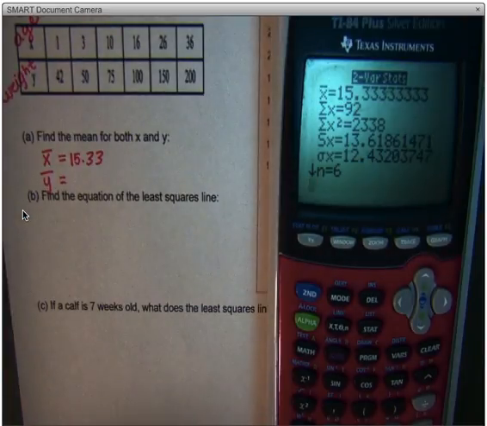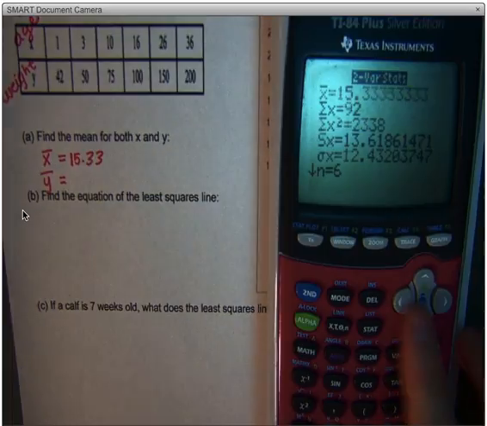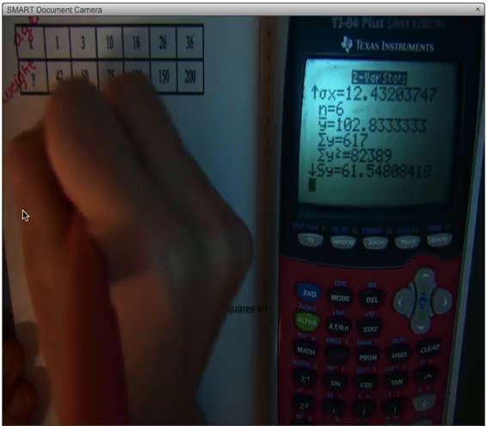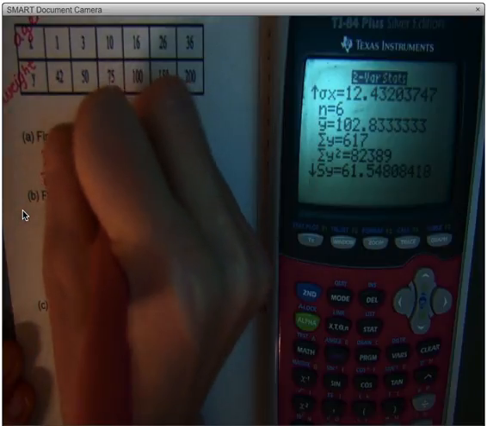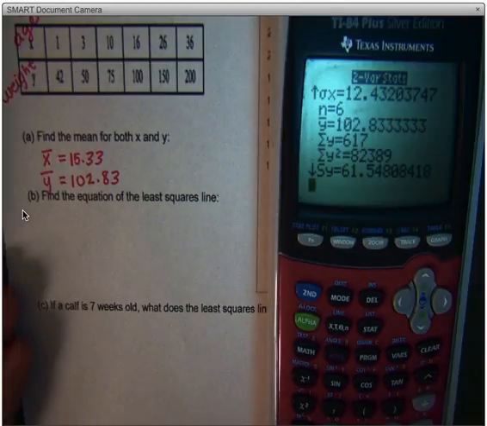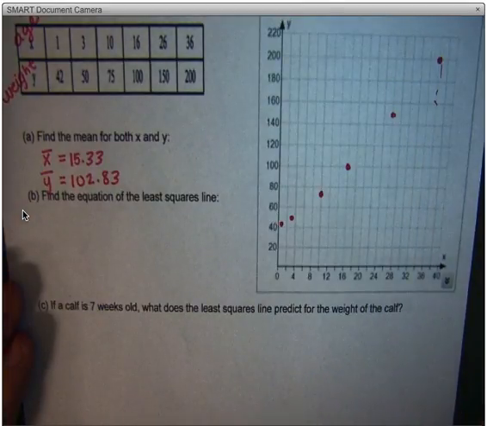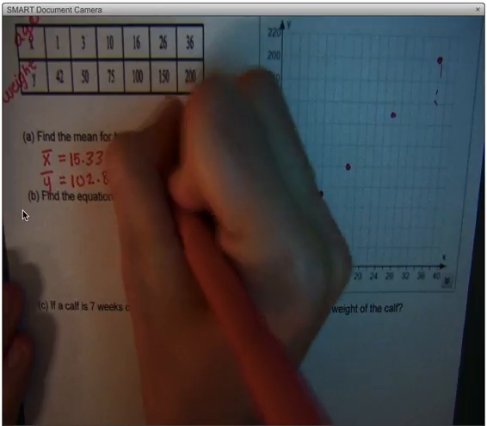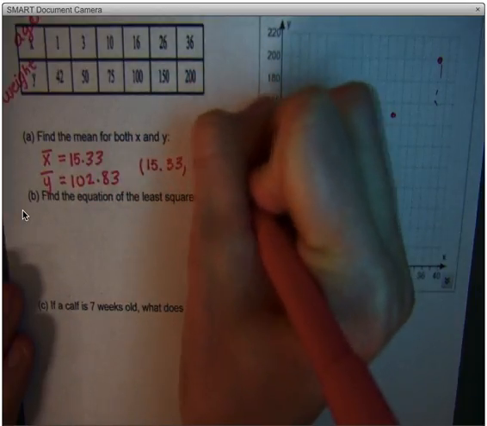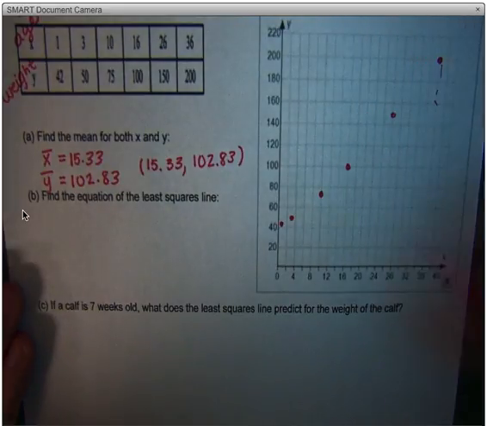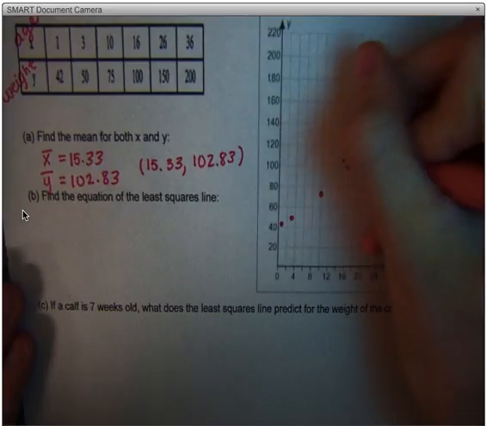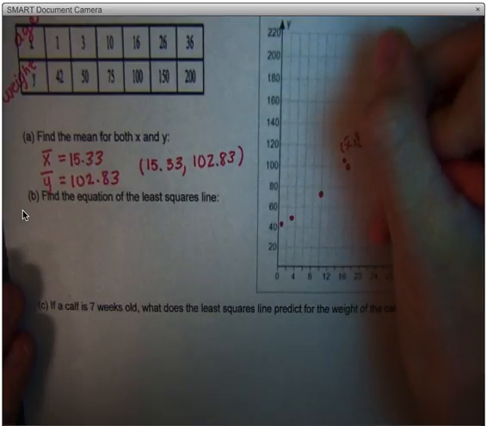And then if you scroll down, Y bar should be about 102.83. Okay, so I'm going to go ahead and plot that because remember this tells us a point. So the point should be 15.33, 102.83. Make sure you label that that's X bar, Y bar.